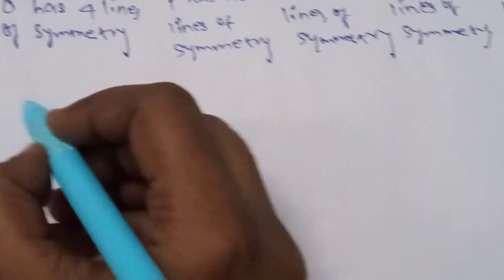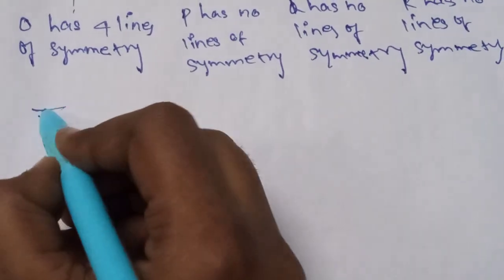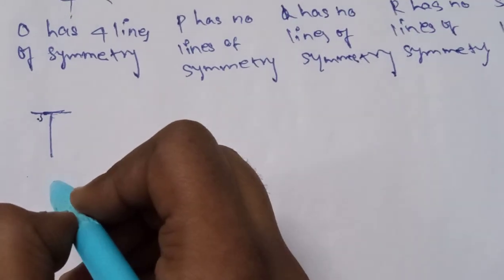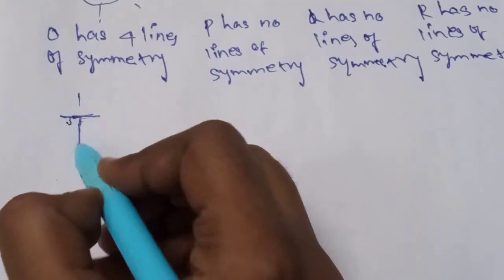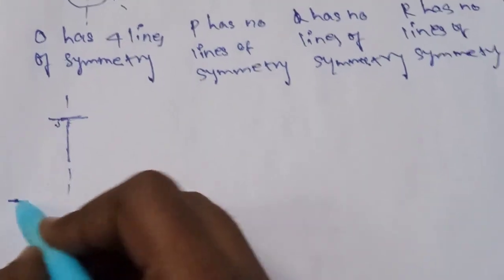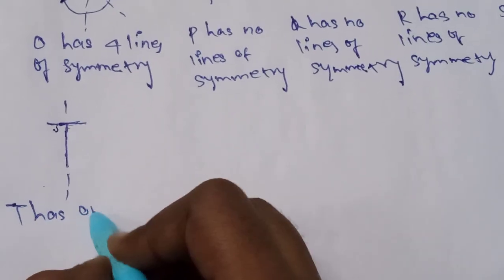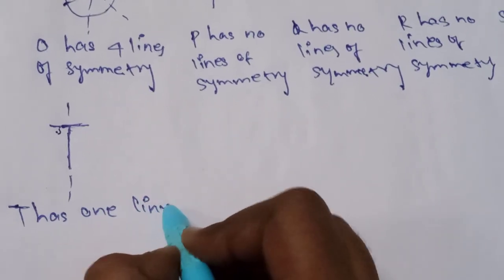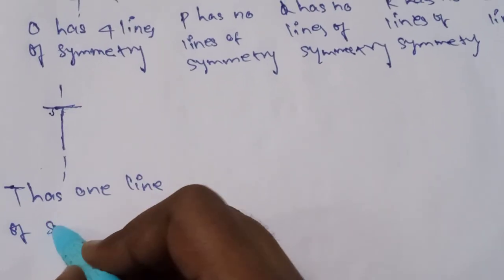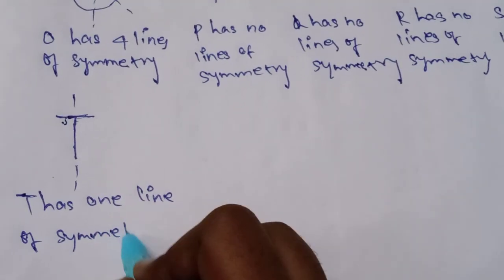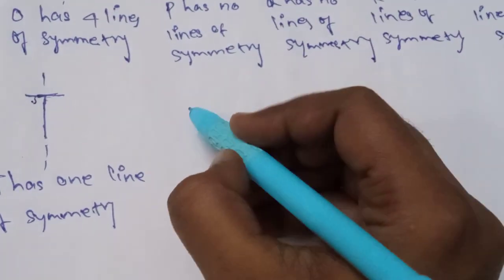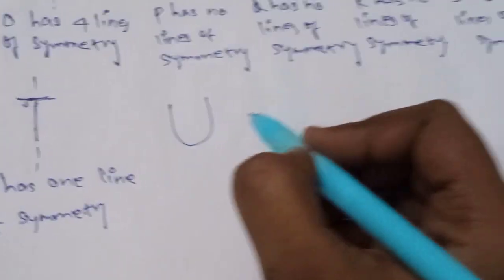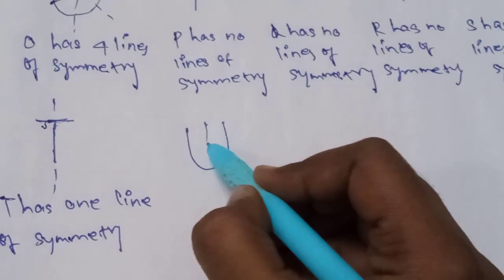Next T. So T we can divide it by this line. So T has one line of symmetry. Next U. You can divide by center line.